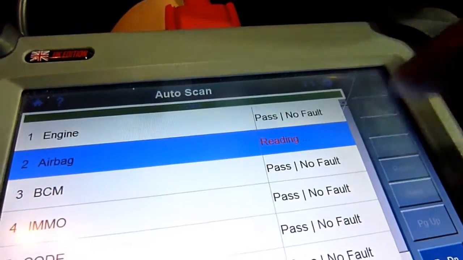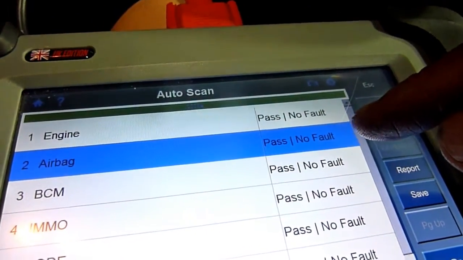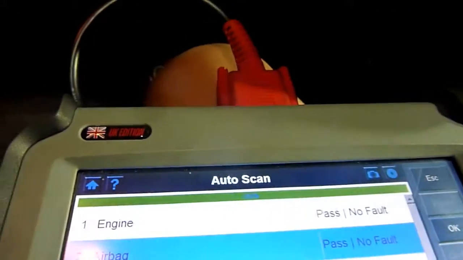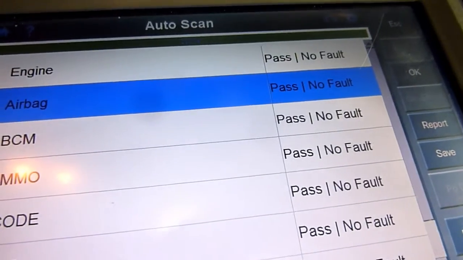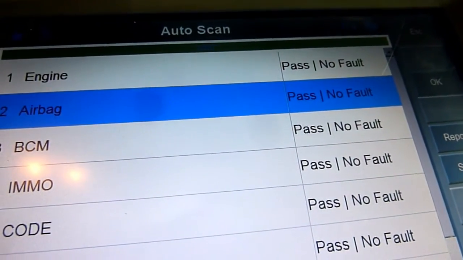So we'll run it through again. Pass, no fault, and then obviously when he drives around, comes back, tells me everything's okay, thumbs up, that's job done. Anyway. Filming that. So he went around the block, and the arrow, which would be above the seatbelt light, is gone. So job done.